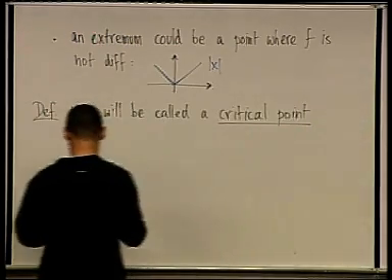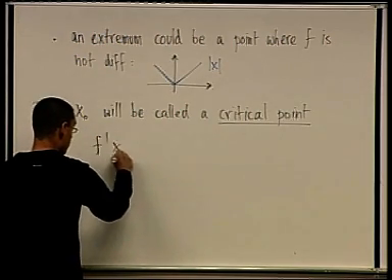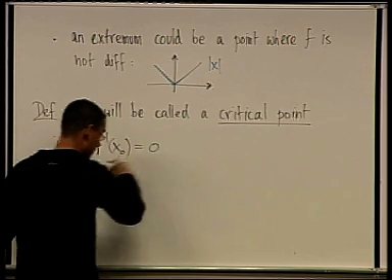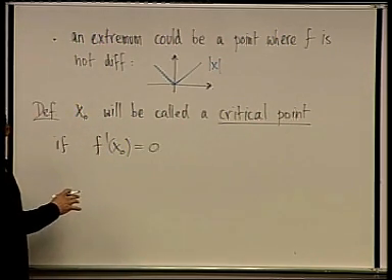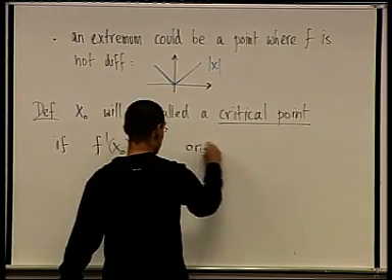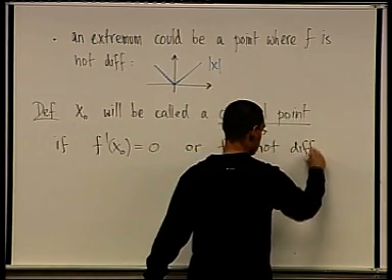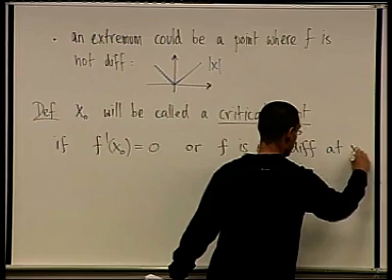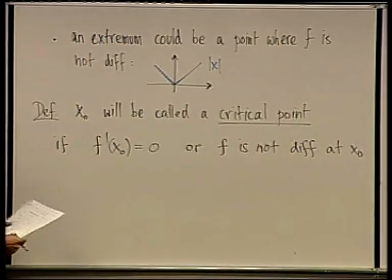So it will be called a critical point if either the derivative is 0, that makes it suspicious. It doesn't determine that it's a local minimum or a local maximum, but it makes it suspicious. Or f is not differentiable at x0. Okay, so that would be the definition of a critical point.